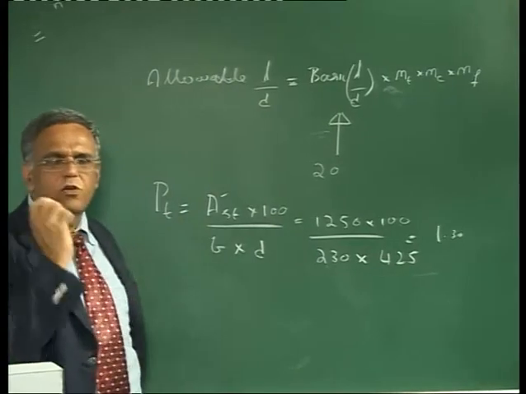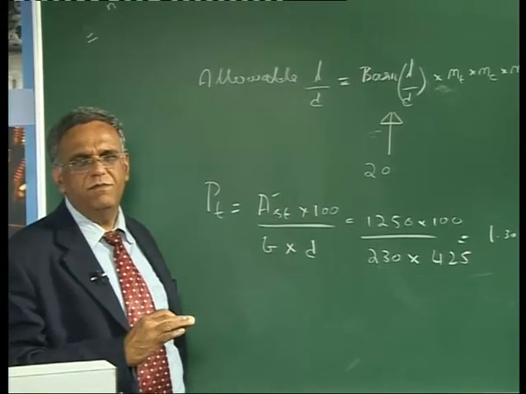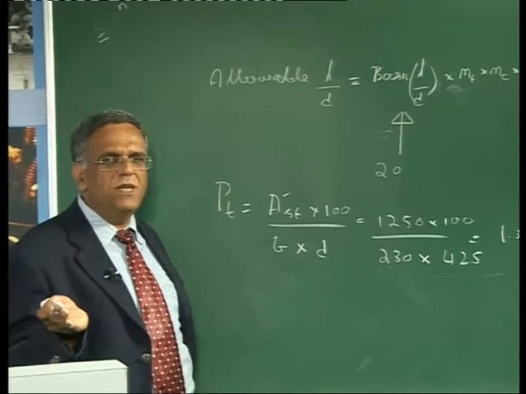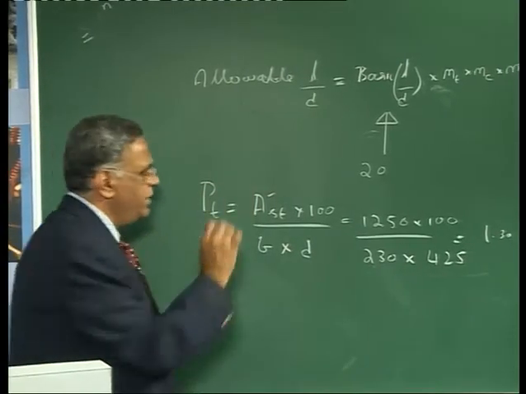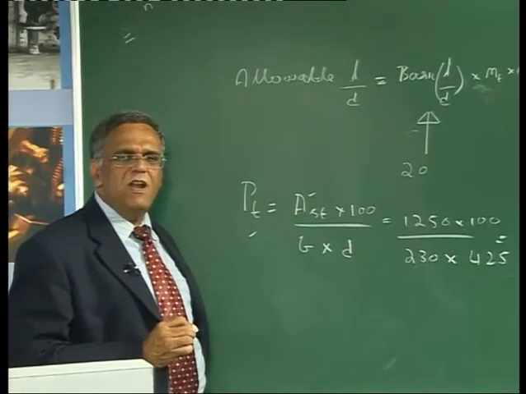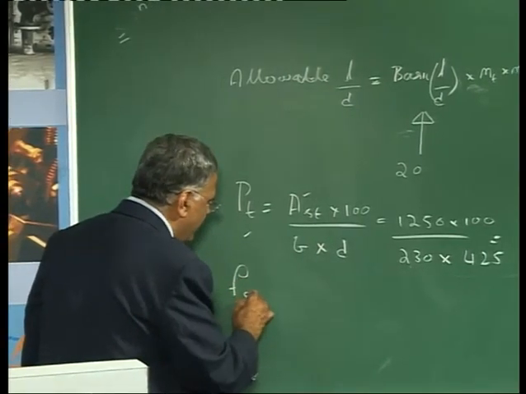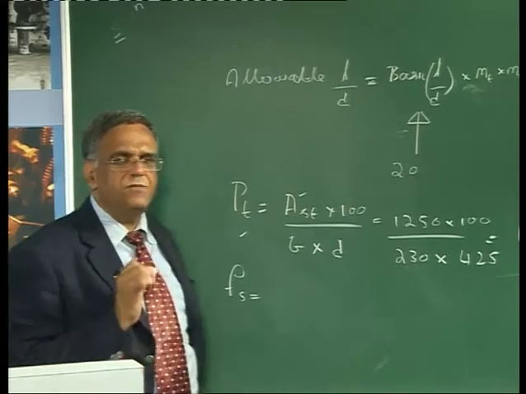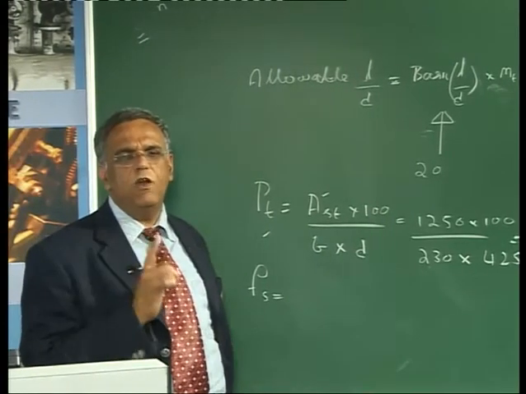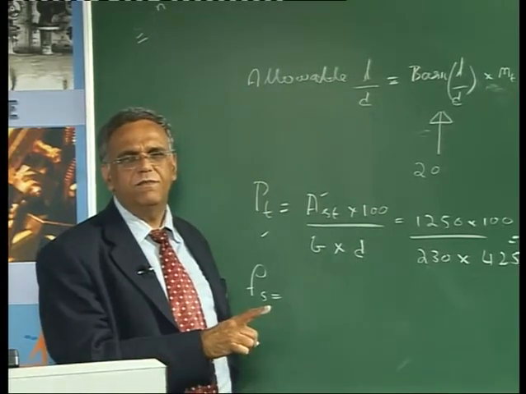Like this, you should also calculate the value of PC. Right now, let us not bother about PC, let us calculate the value of PT. After having calculated PT, let us go to the next step where one has to get the value of Fs. To refer to this figure, you need to know the value of PT as well as Fs.